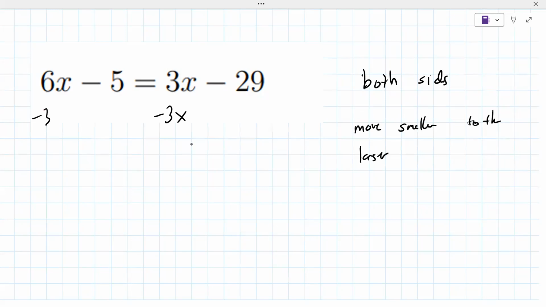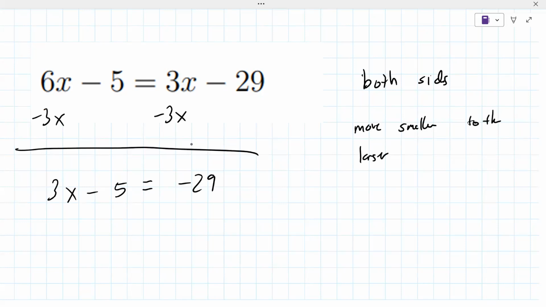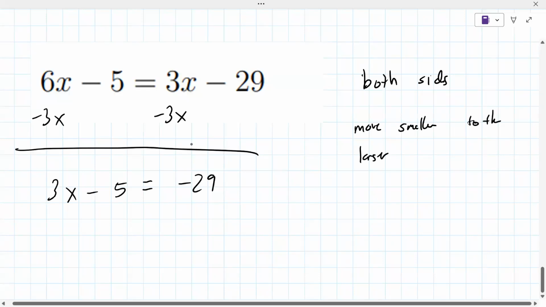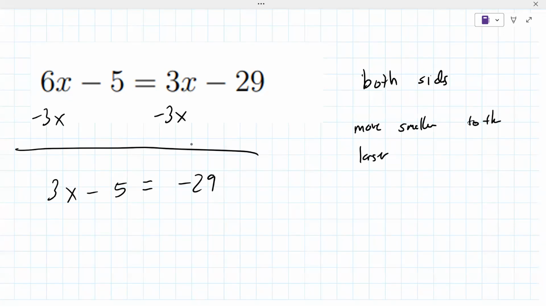So you're going to subtract 3x from both sides. Okay. What is the value of x?